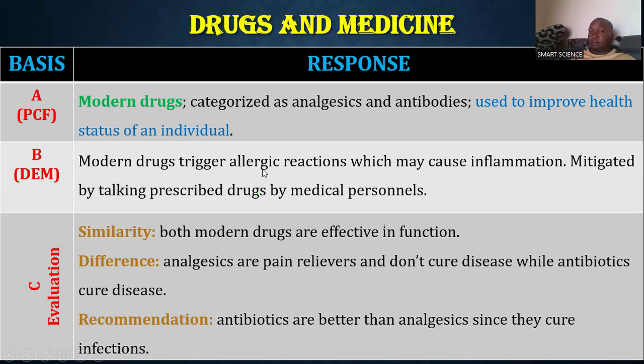Analgesics are like painkillers, while antibiotics cure disease. So modern drugs generally will trigger allergic reactions like we've done previously. That one will not vary much, but in the similarity, both are effective in their functions.